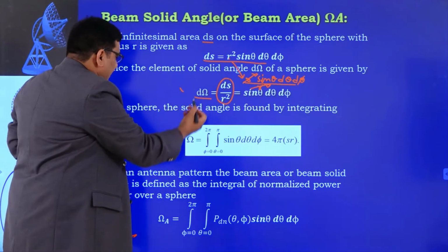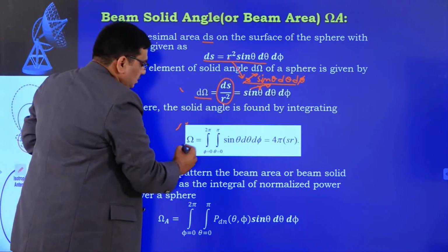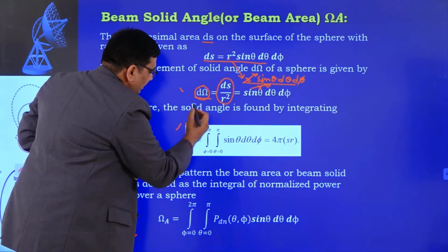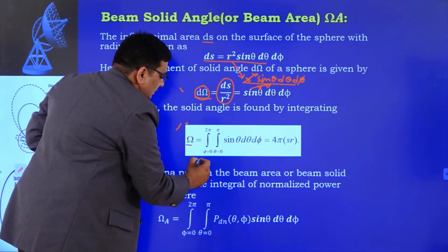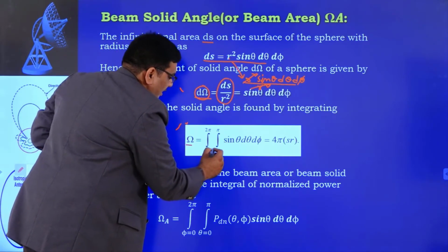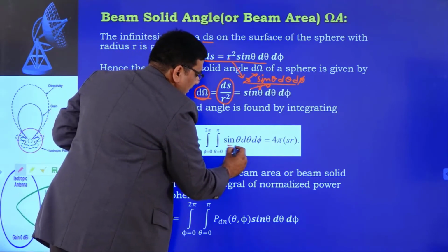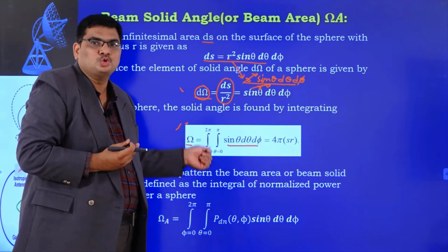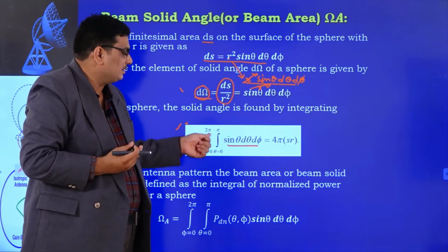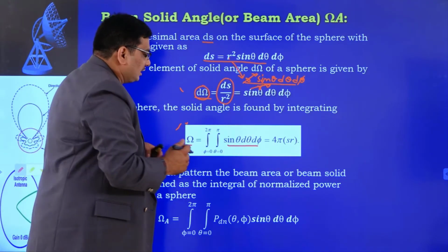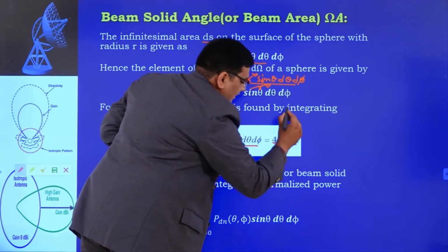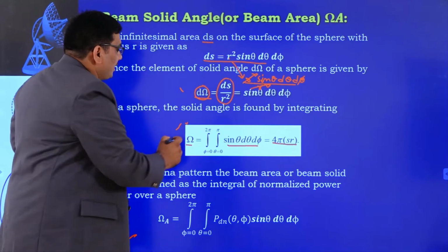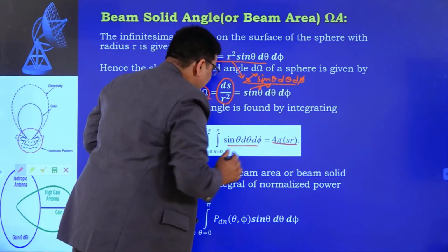After integration, d psi integrates so that psi is equal to the double integration over 4 pi of sin theta d theta d phi, or we can say the integration of phi from 0 to 2 pi and theta from 0 to pi of sin theta d theta d phi, which is equal to 4 pi steradian. So this is for a sphere, whose solid angle is equal to 4 pi steradian.